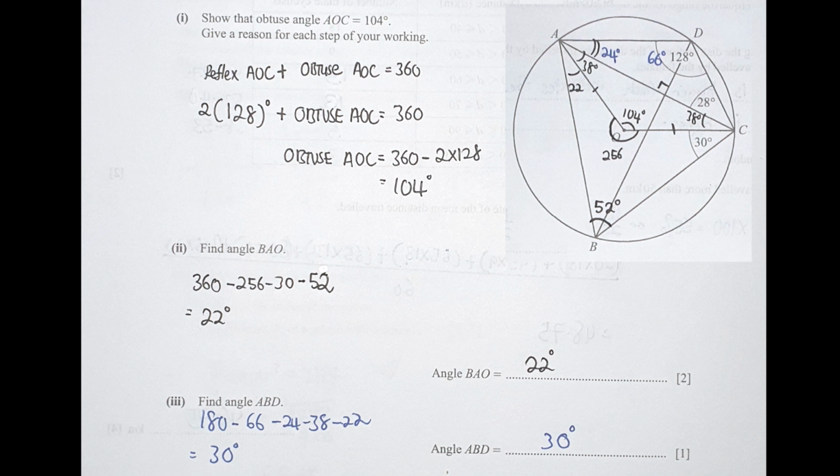AODC is another quadrilateral. By adding them all up, it should result in 360. So 360 minus 128 minus 104 minus 38 minus 38 minus 28, you'll get a balance of 24 degree. Since it's a right angle triangle, you take 180 minus 90 minus 24, you get 66. Hence, we are looking at ABD, this triangle here, 180 minus 22 minus 38 minus 24 minus 66. You will get the final balance as 30 degree.